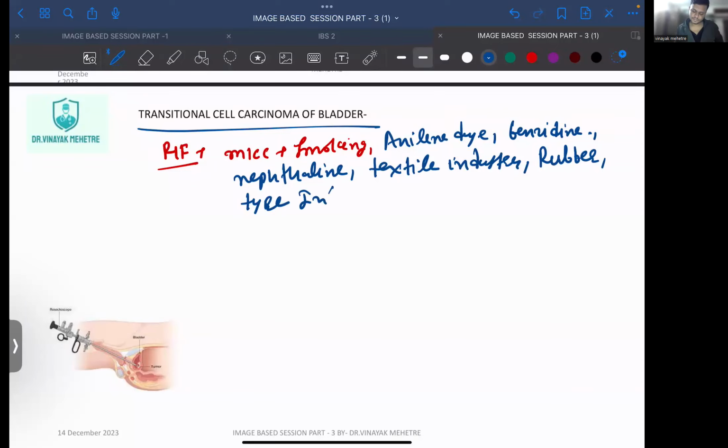Tire industry. And a microbiology question: transitional cell carcinoma of the bladder is going to be caused by which organism? Anyone? No one?